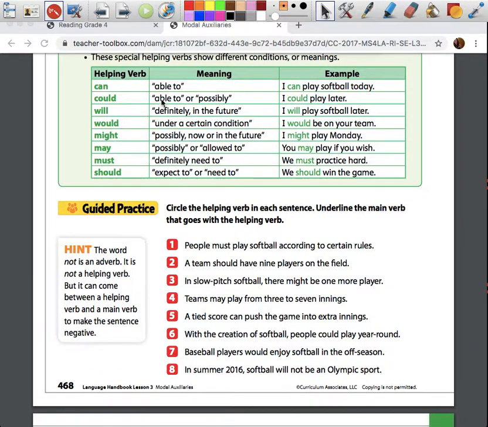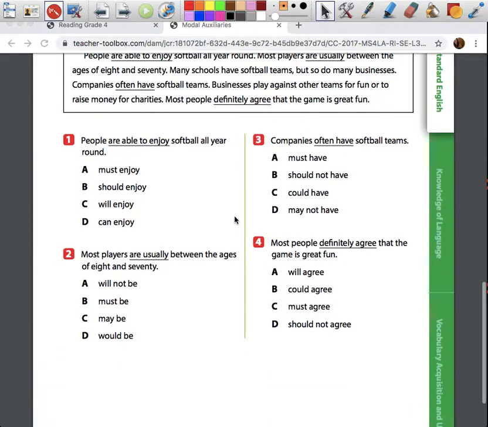So let's look at that. Could, may, or might. Okay, well, might is not on here. And then it says may not. So that's not even an option. So the only choice I have left is could. Companies could have softball teams.